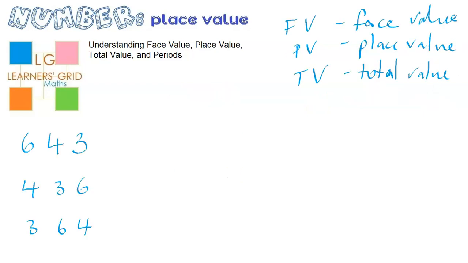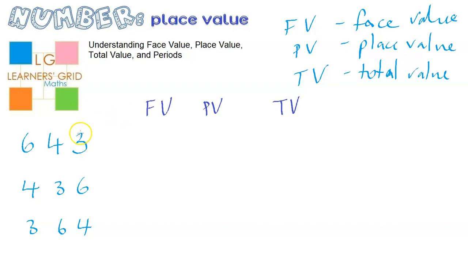Okay, so I'll just move things around a little bit, and now I'll make some columns here to help me explain this. So here we're going to have face value, here place value, and here total value.